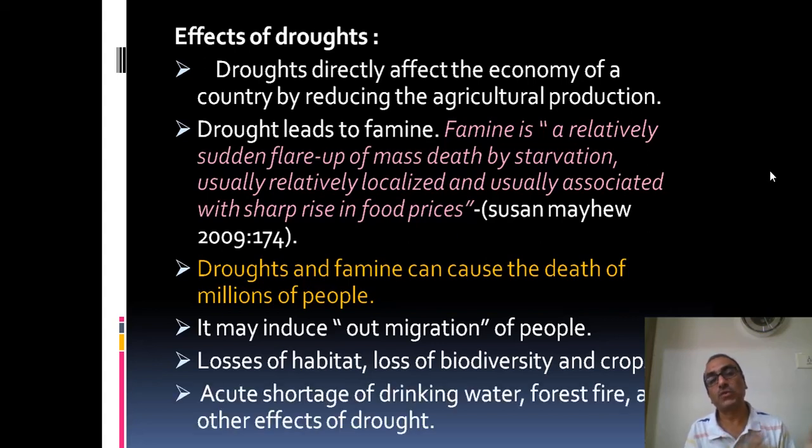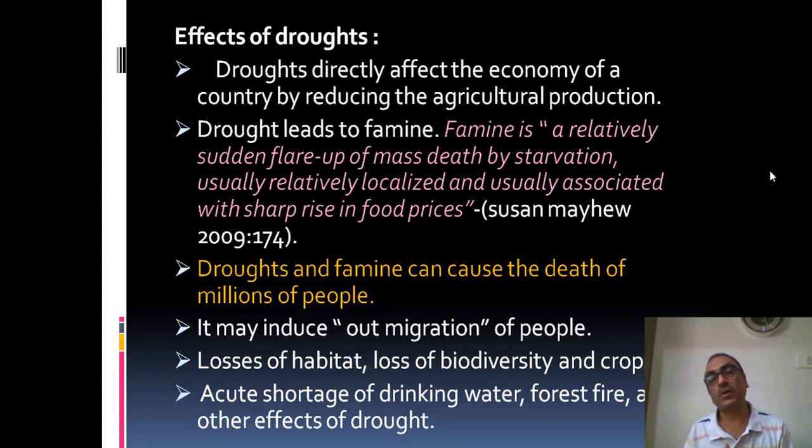Acute shortage of drinking water, forest fire, and other effects we can take up of the drought. Acute shortage of the drinking water. That means drinking water is available to us in very minimum quantity, below the level of the required amount.